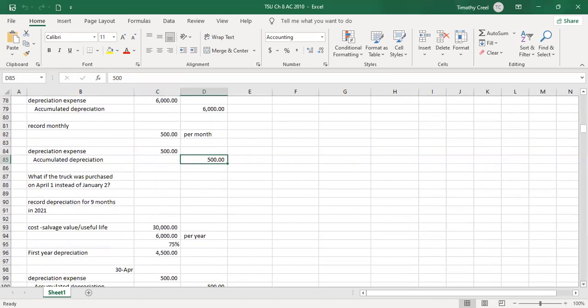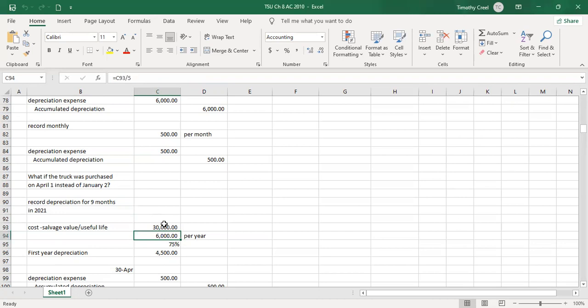So now, what if the truck was purchased on April 1st instead of January 2nd? Then we would only record depreciation for 9 months in 2021. So we'd take the cost minus the salvage value.